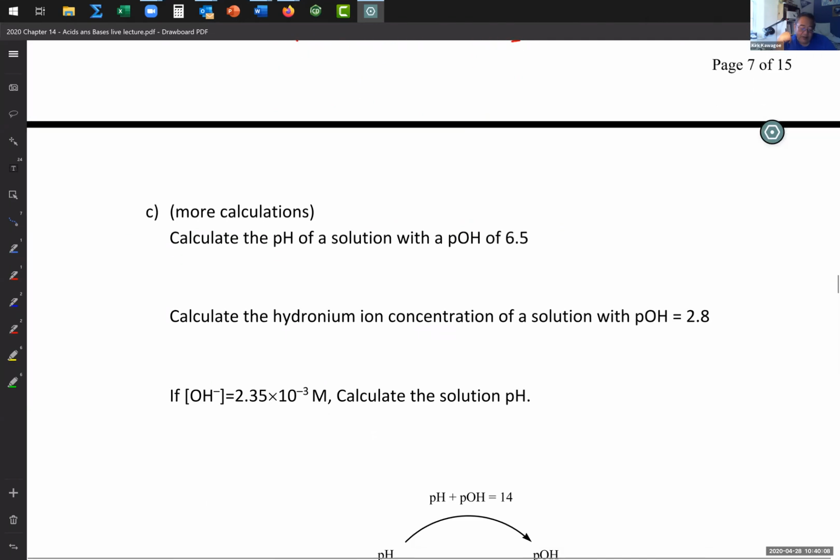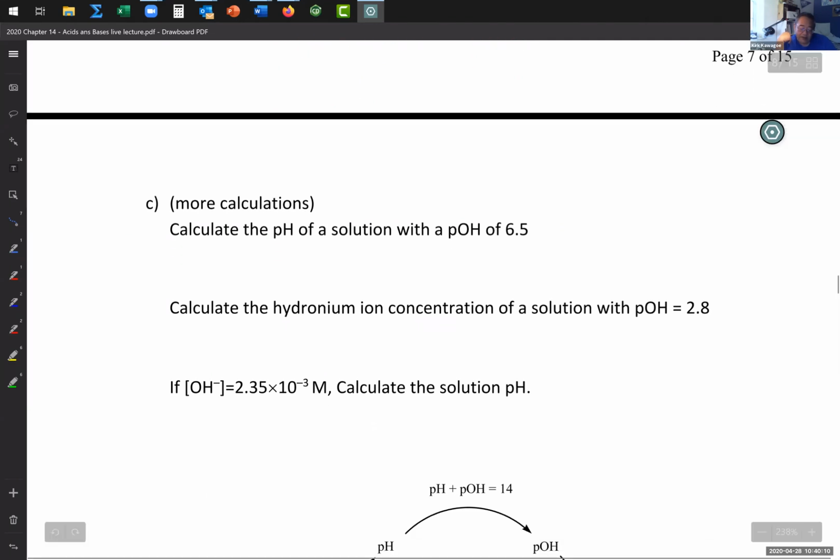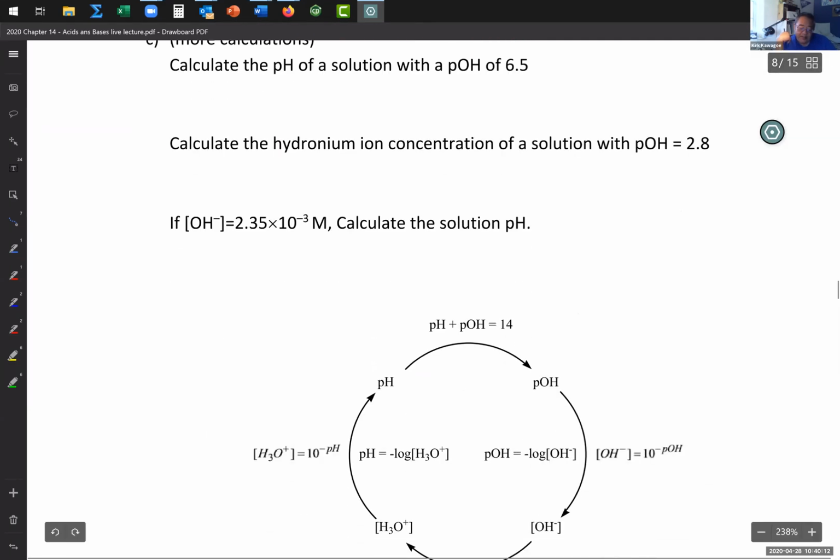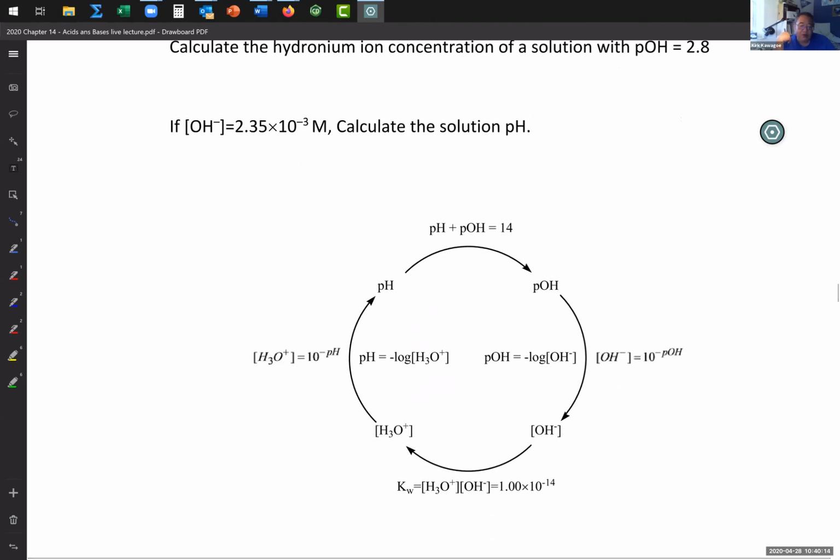So here's another thing that I wanted to show you. I give you this diagram, and this diagram gives you all the relationships that you need to convert from any 2 points on that circle.